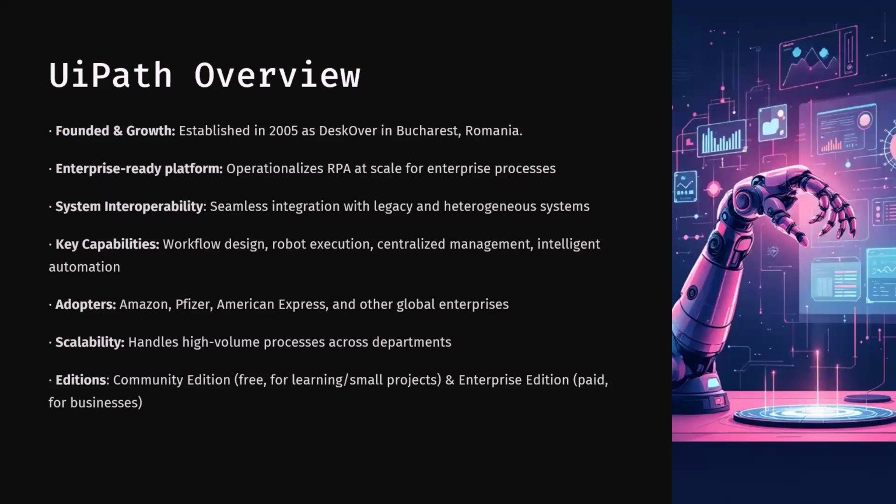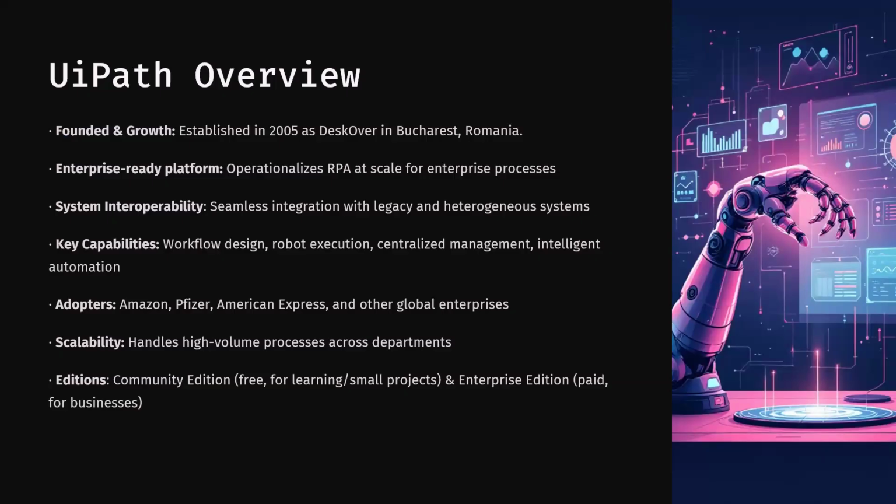UiPath was originally founded in 2005 in Bucharest, Romania, by Daniel Dines and Marius Tîrcă as a small software outsourcing company called DeskOver. But in 2015, the company rebranded as UiPath and shifted its focus entirely to robotic process automation. That same year, UiPath launched its first major RPA platform, which is considered the formal introduction of UiPath to the global automation market.